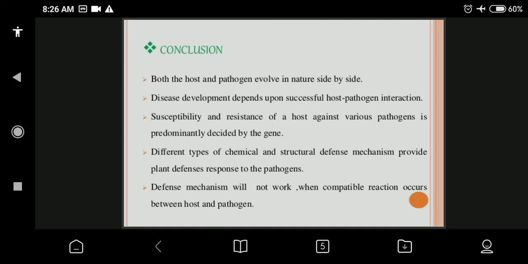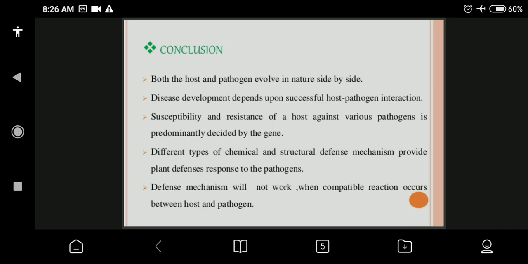Now we can conclude that both the host and the pathogen evolve in nature side by side. Disease development depends upon successful host pathogen interactions or compatibility of the host. The susceptibility and resistance of a host against various pathogens is predominantly decided by genes.